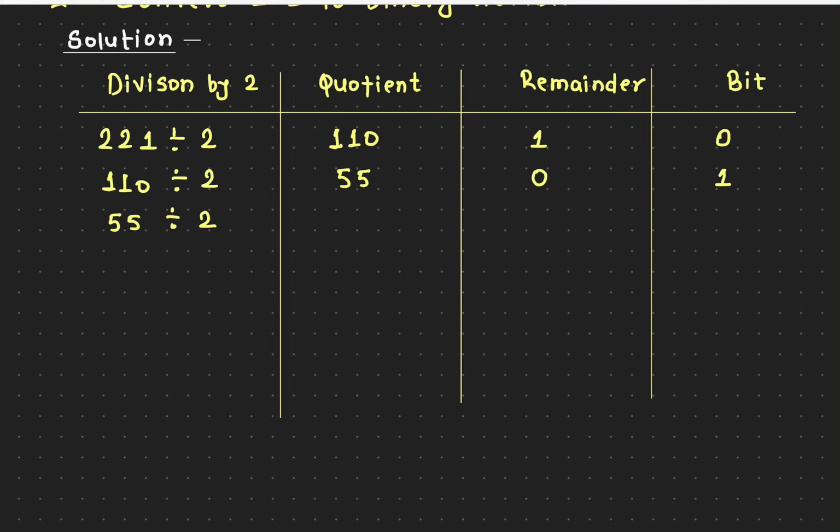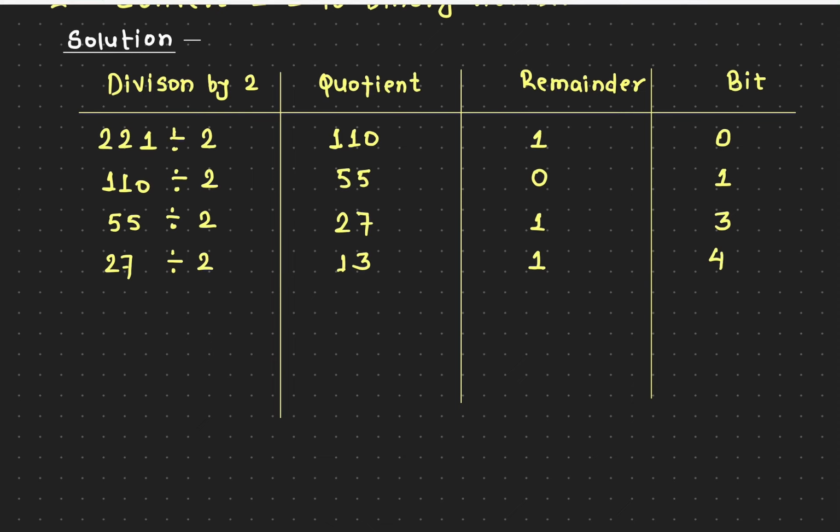So 55 divided by 2, the number will be 27, and we have a remainder 1. Again, 27 divided by 2, you get 13, and you get remainder 1, that's bit 4.